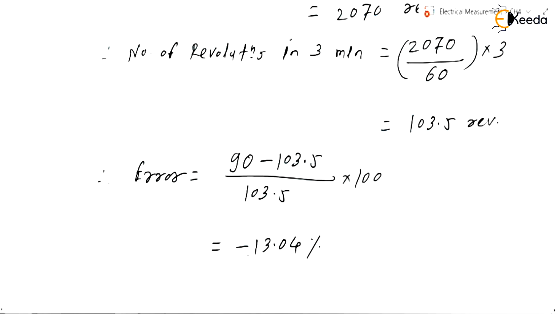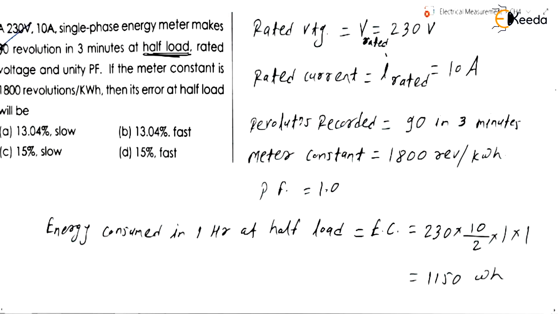The negative sign indicates whether the meter is slow or fast. The meter is slow because the measured number of revolutions in 3 minutes is lesser than expected. So the correct option is 13.04 percent, slow. Option A is the correct answer.